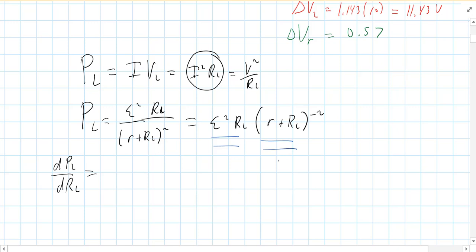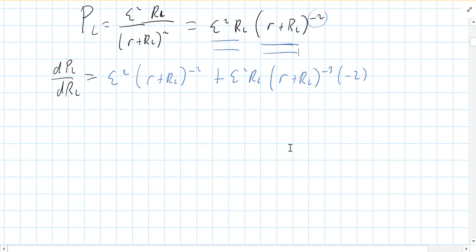So the derivative of the first part would just be E squared, and then you multiply that by (r plus RL) to the -2, plus this first term, E squared RL, times the derivative of this, which would be (little r plus RL) to the -3, times -2. So it's the exponent times this, and subtract 1 from the exponent. In other words, if I asked you to take the derivative of x to the -2, it would be -2x to the -3. We're doing the same thing here.